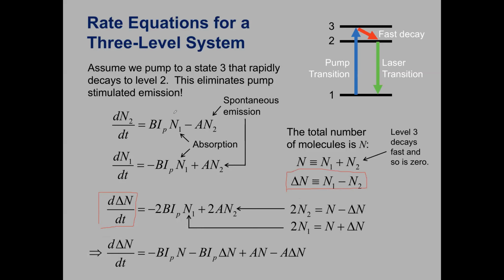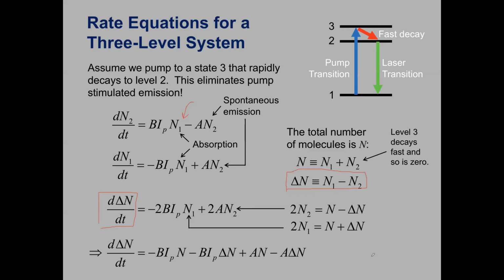The only difference here is that now we are missing the stimulated emission term in this equation. And that's going to allow us to get a case where n2 can be bigger than n1, and thus delta n can be negative, and we have population inversion.